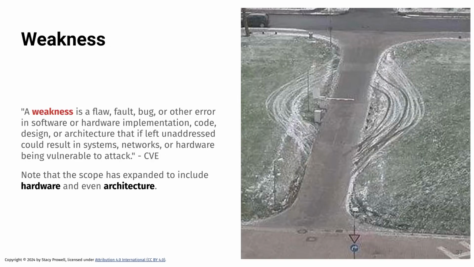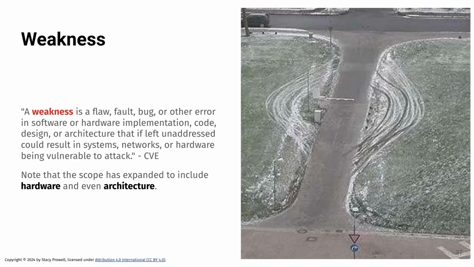So let's talk about weaknesses, because vulnerabilities really arise from weaknesses. A weakness is a flaw, fault, bug, or other error in software or hardware, code, design, or architecture that, if left unaddressed, could result in systems, networks, or hardware being vulnerable to attack. This is a pretty good definition.